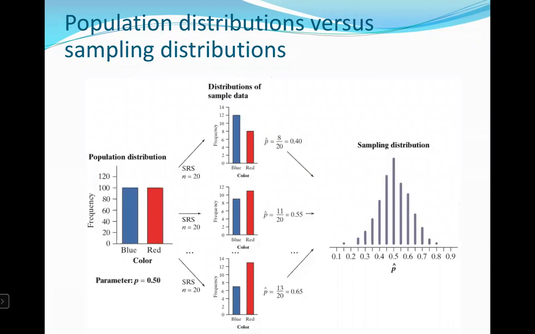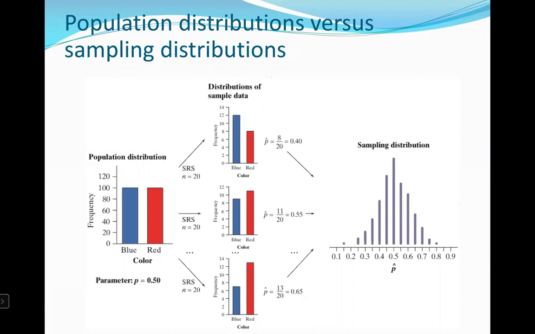And here we have an image of each of the three types of distributions and how they relate to each other. So population distribution, we have a parameter of 50-50, red and blue.